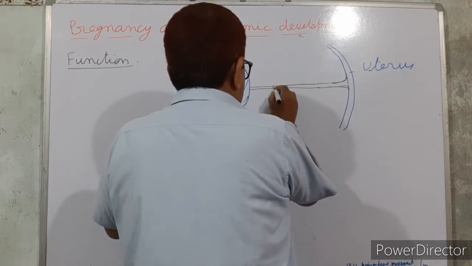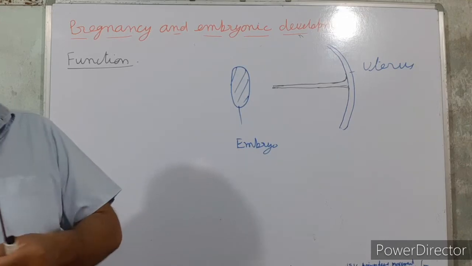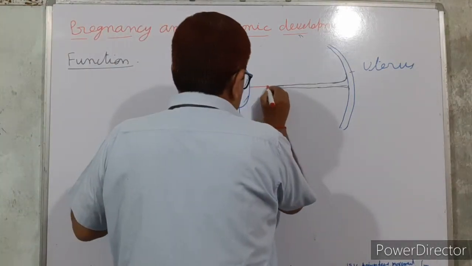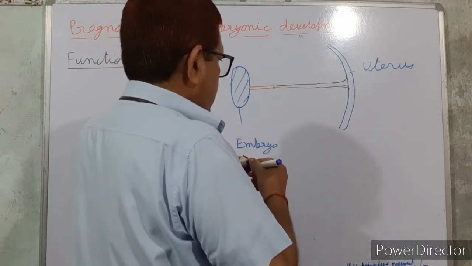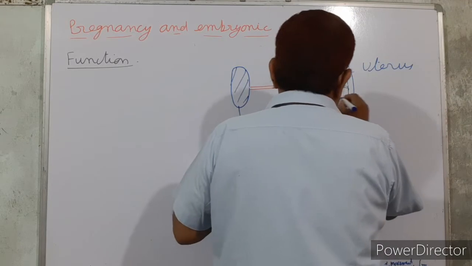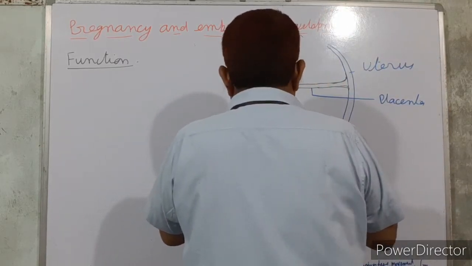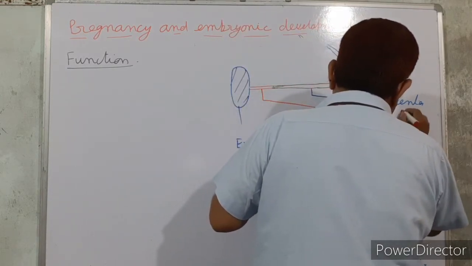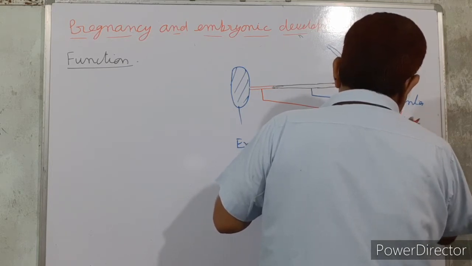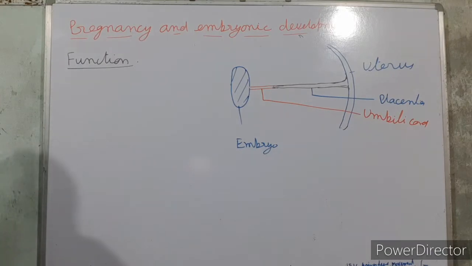This structure is umbilical cord. So this structure is known as placenta, and this structure, which is red in color, is called the umbilical cord.